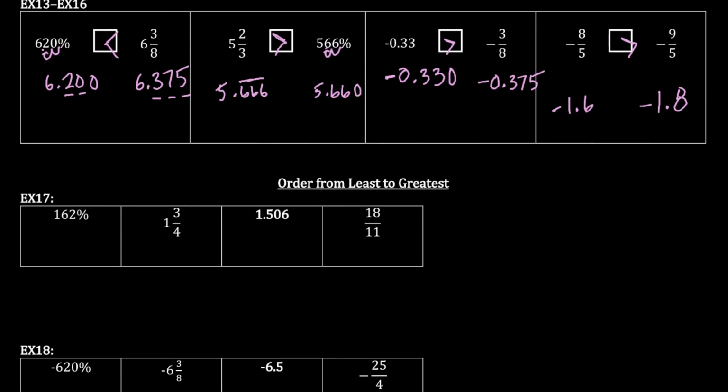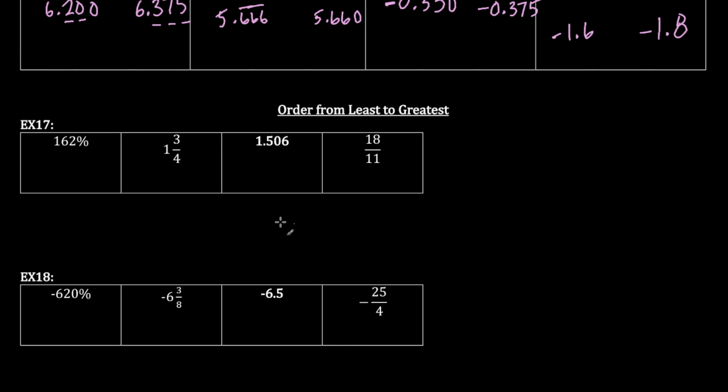Let's order some numbers from least to greatest. Okay, so we have 4 numbers. This one looks good already. We just need to convert the rest. So decimal goes here, 2 to the left. So 1.62 hundredths.